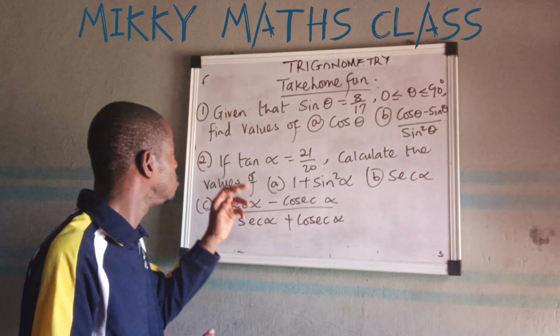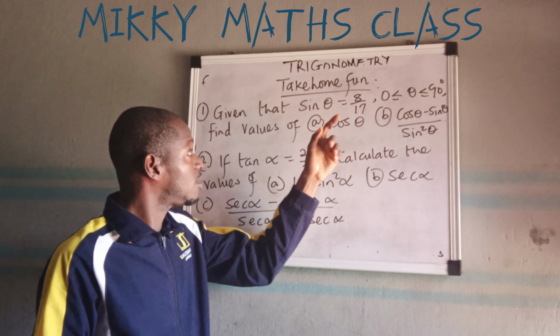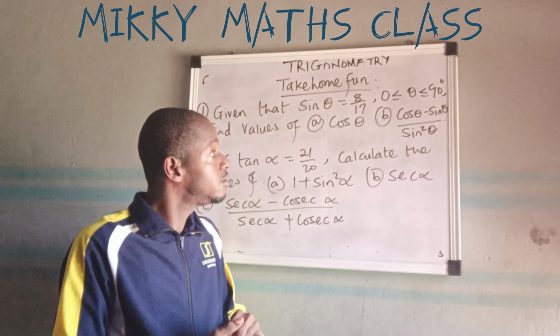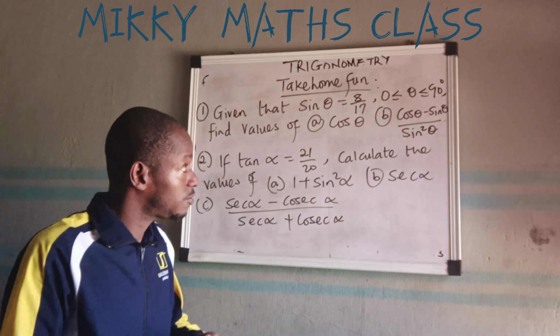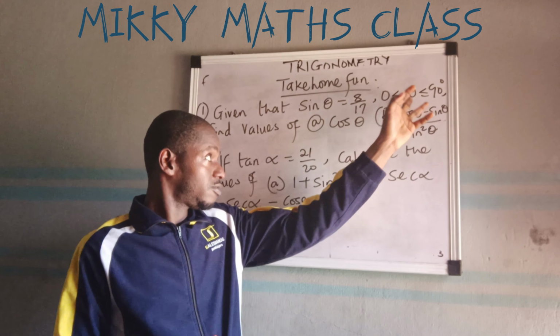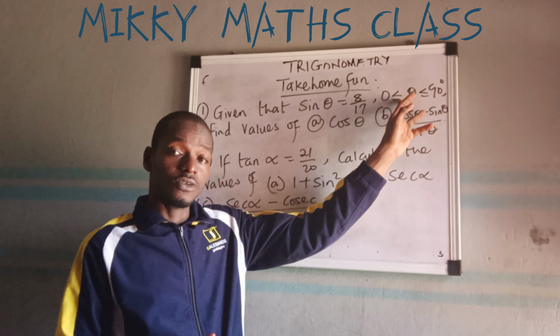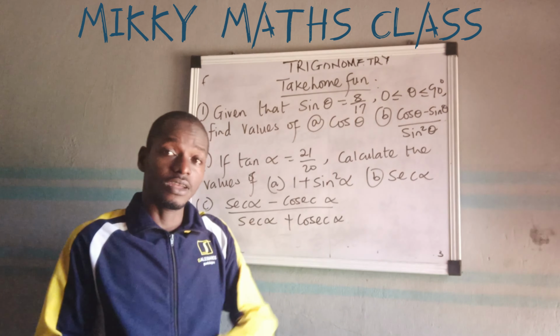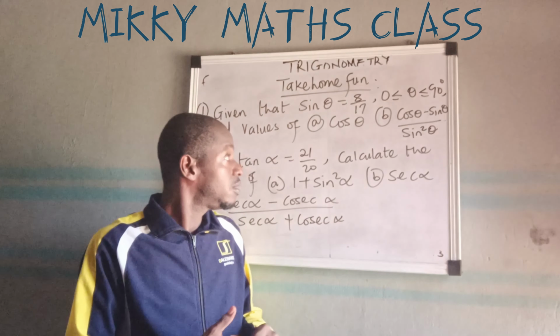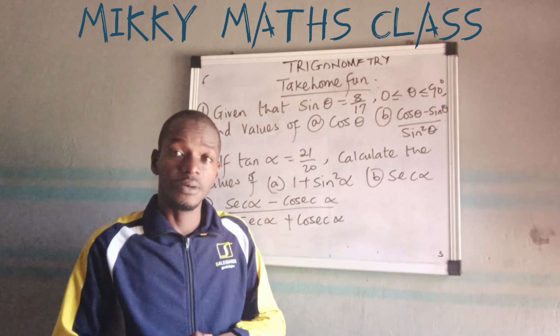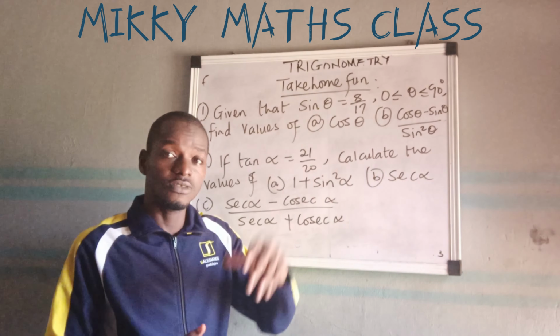The first one, given that sin theta is equals to 8 over 17, for the values of theta ranging from 0 less than or equal to theta less than or equal to 90 degrees. Find the values of the first one, cos theta. The second one is cos theta minus sin theta over sin squared theta.